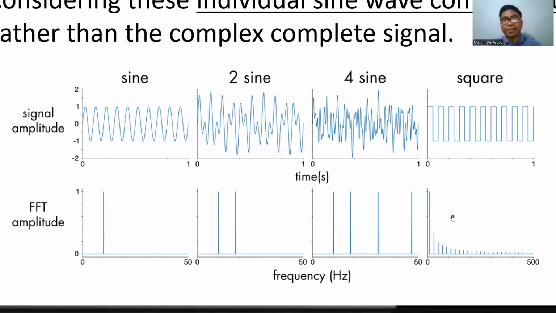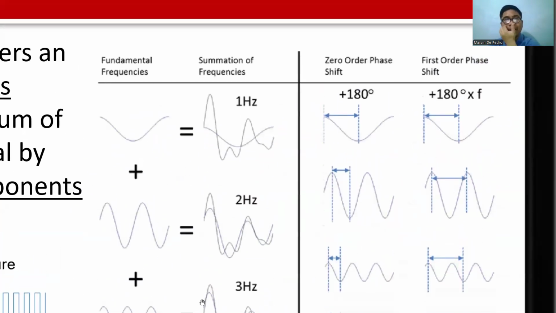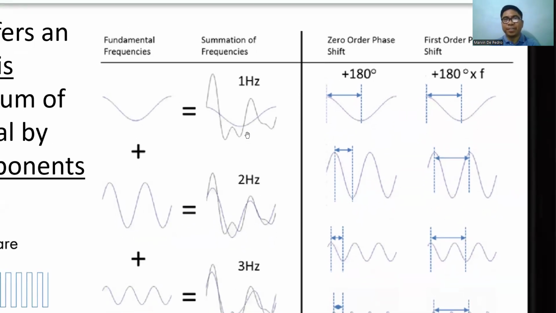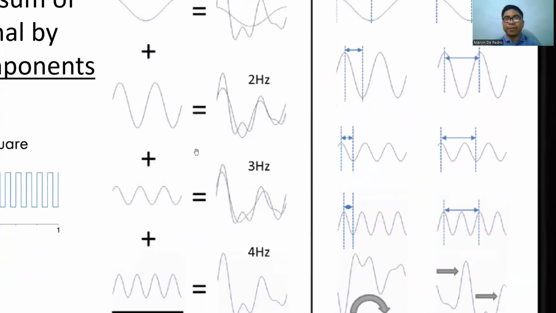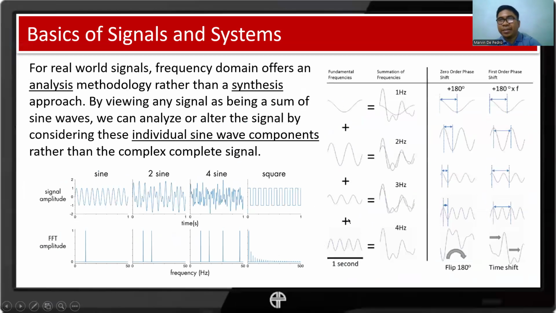So that's an overview of signal processing. We have to dissect first the composition of a given signal. So imagine this, one fundamental signal plus another one. For 1 hertz, it has something like this. For 2 hertz, if we add another one, then we have this kind of signal, and then add another one.